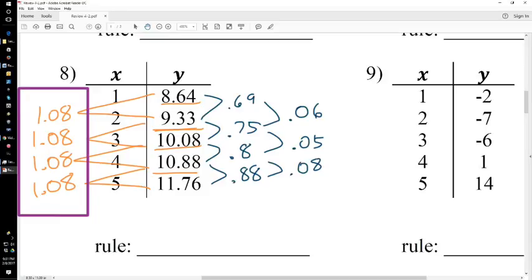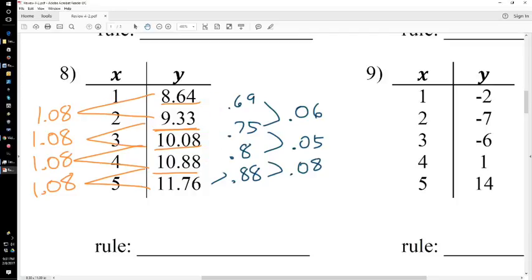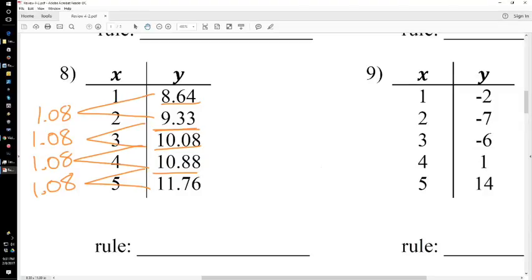So we need an a value and a b value. A is your starting point, which we don't have. So to get the starting point, I'm going to go ahead and erase all this over here so we get some space. If every last one of these is multiplying by 1.08, to back up I need to divide by 1.08.